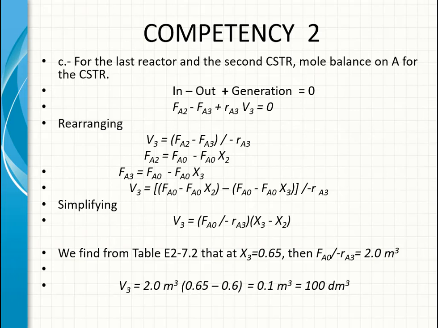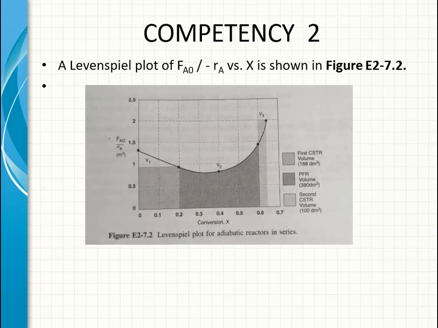So having the value from the table, we will have that V3 is equal to 2 times 0.65, which is X3, minus 0.6, which is X2. That will give us 100 liters.